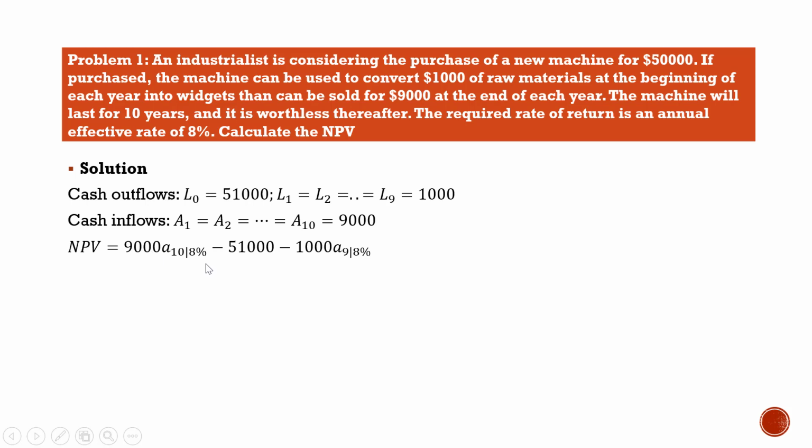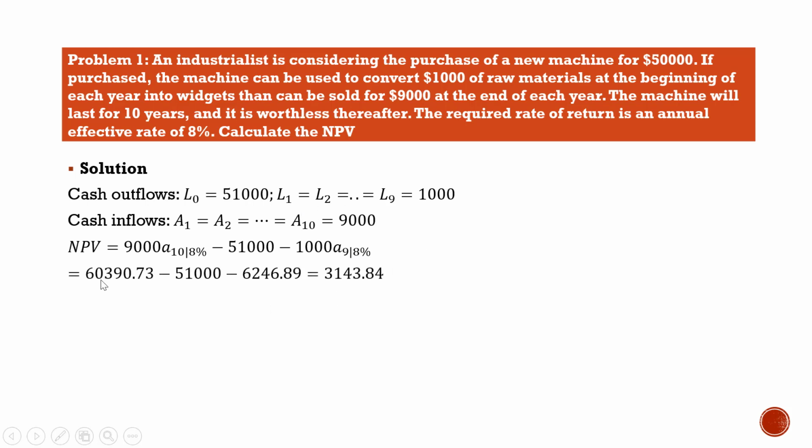Then we subtract the cash outflows: $51,000 at time 0, so the present value of L0 is 51,000. Then for L1, L2 to L9, that money was paid at time 1 to 9, so it's basically 1,000 a angle 9 at the rate 8%, because it's an annuity immediate.